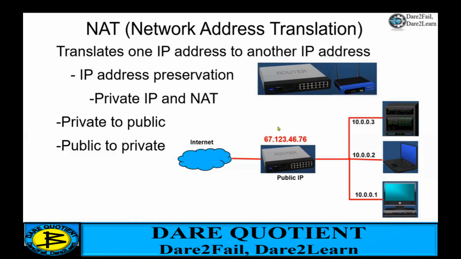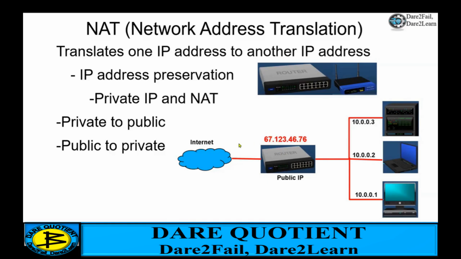In the picture at the bottom right, we have the internet, a router, and three different devices. The way NAT operates is that these three devices are assigned private IP addresses, while the router is assigned a public IP address.